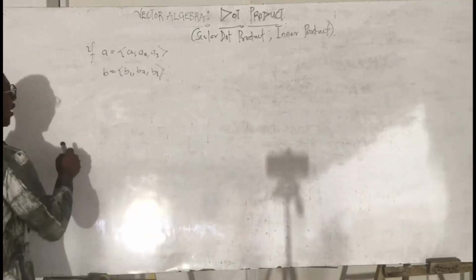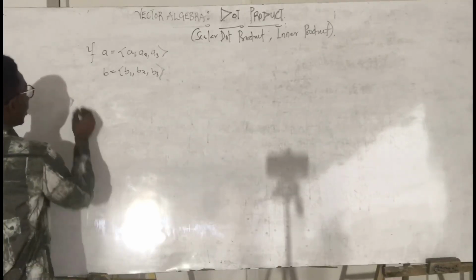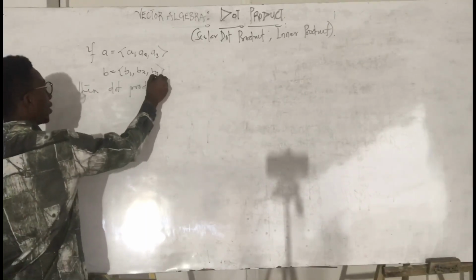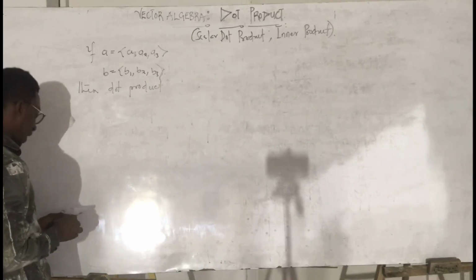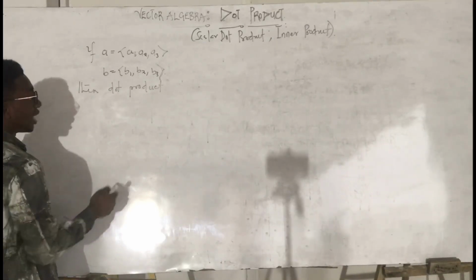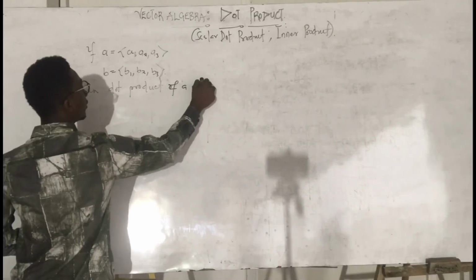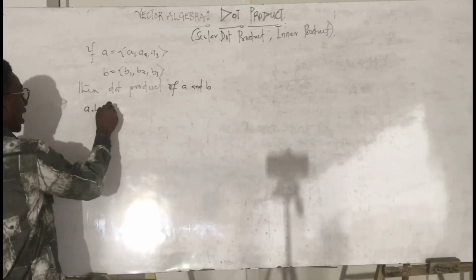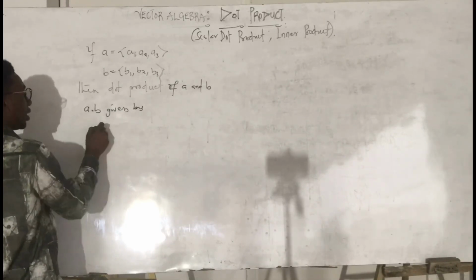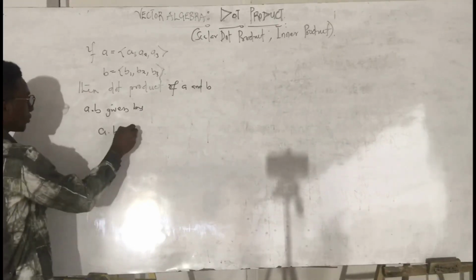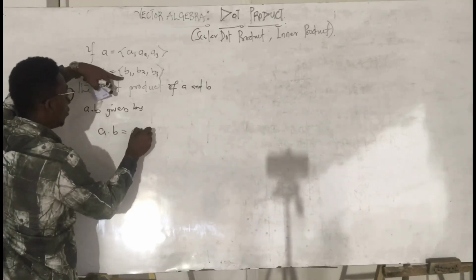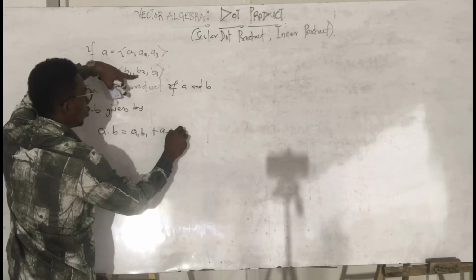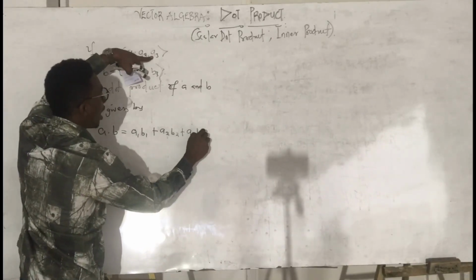If you have vector A and vector B, then the dot product of A and B, A dot B, is given by A1 multiplying B1 plus A2 multiplying B2 plus A3 multiplying B3.